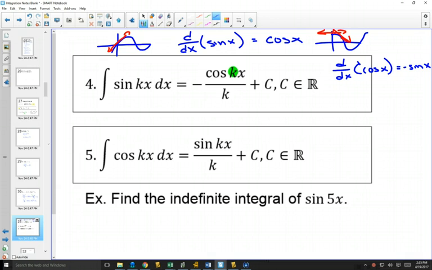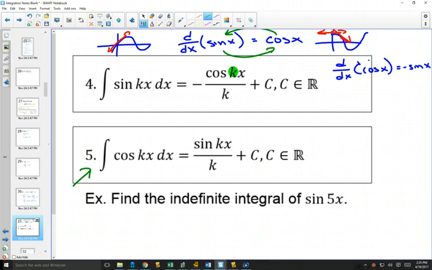If you think that way, okay, this is moving forward. Derivative of sine is positive cos, so moving backwards, the integral of cos is positive sine. Notice that we have that right here. The integral of cos gave us a positive sine.